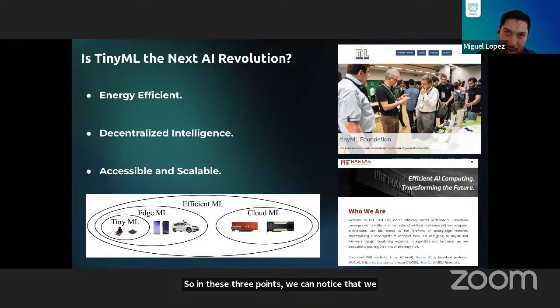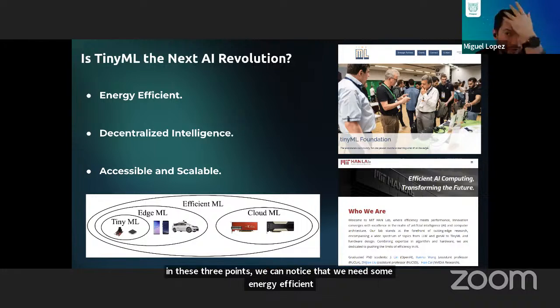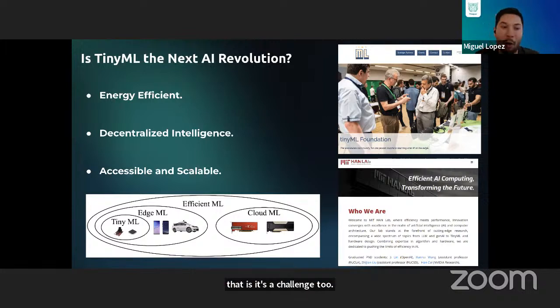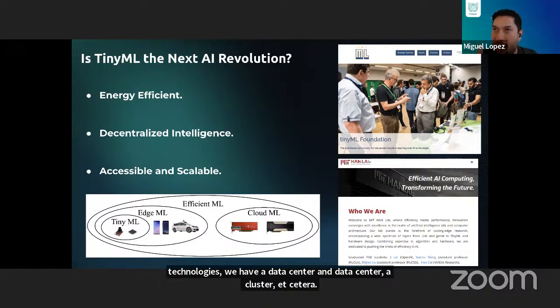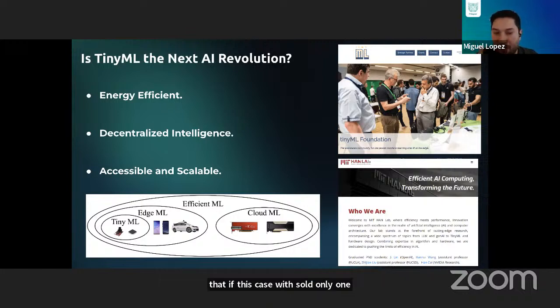That is a challenge too, and it is required by different companies. Also, decentralized intelligence. Sometimes when we are working with this kind of technology, we have a data center, a cluster, etc. But in this case, with only one device, not a lot of devices, we can process something and not depend on the other ones. That's why we have this perspective.